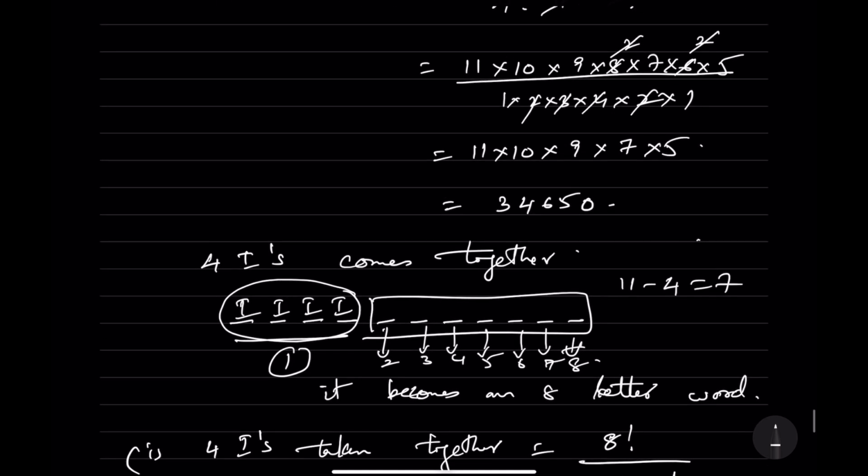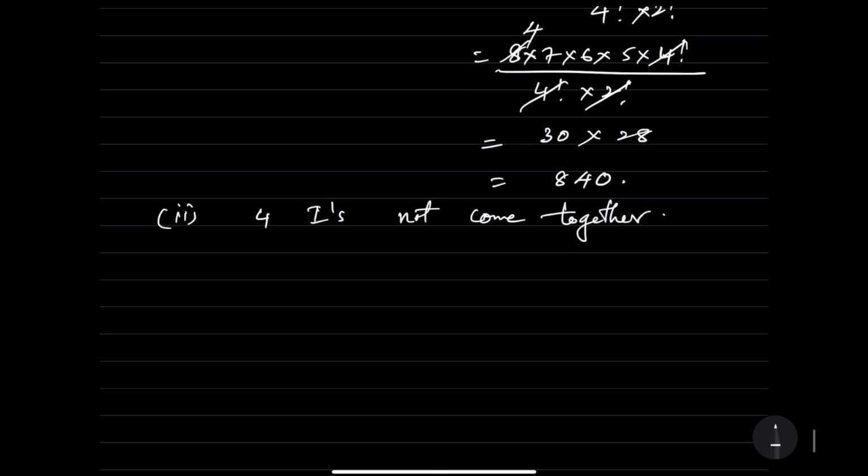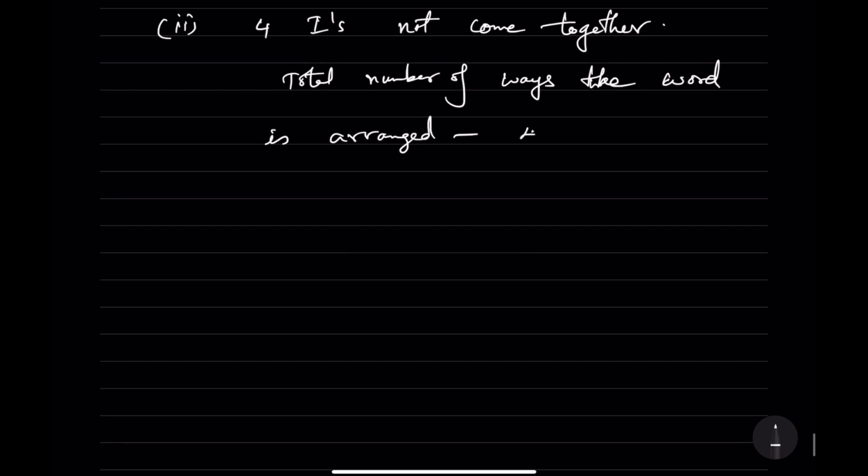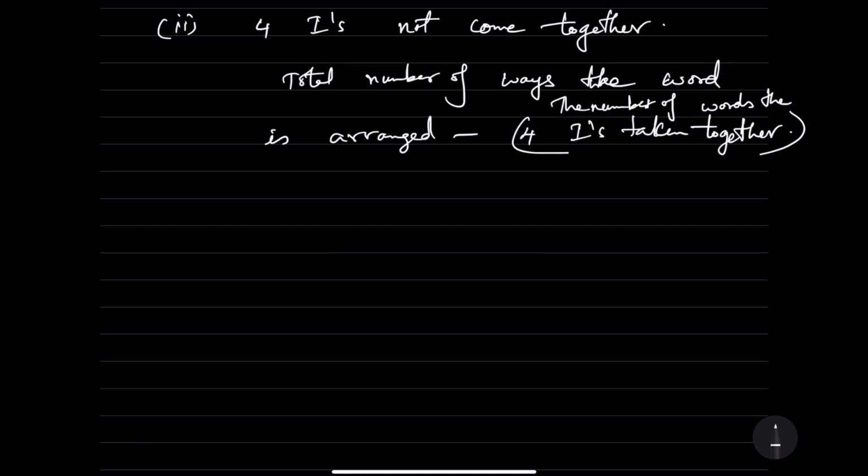So from the total number of ways we are writing this 11 letter word, that is 34650, from the total number of ways the word Mississippi is arranged, minus the number of words where the 4 I's are taken together.